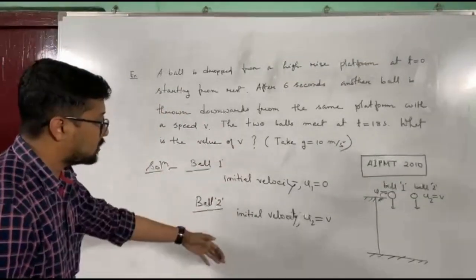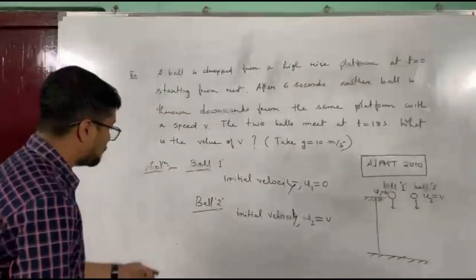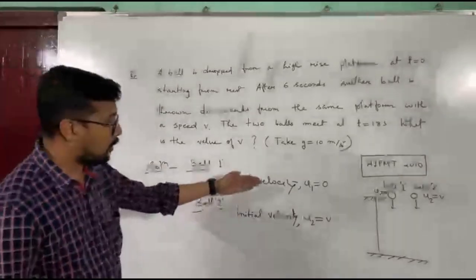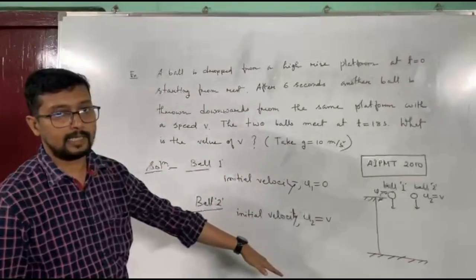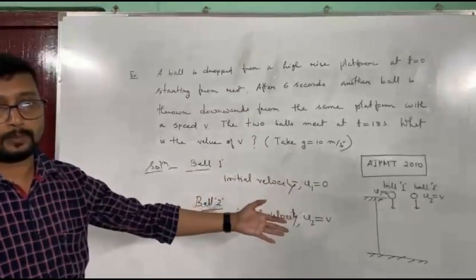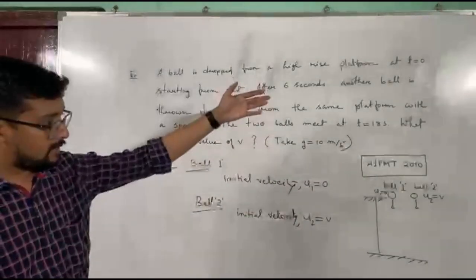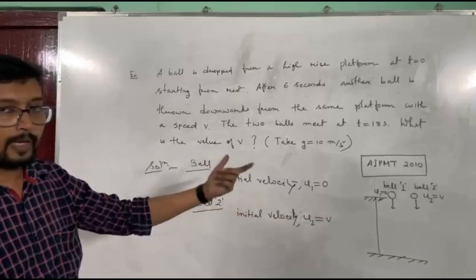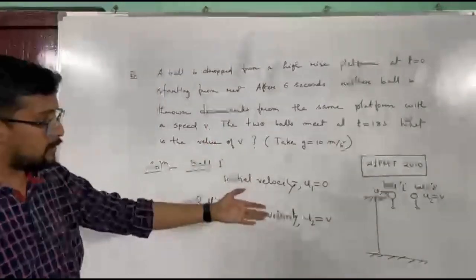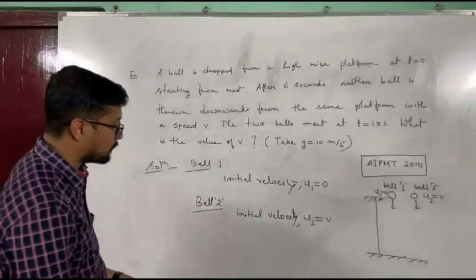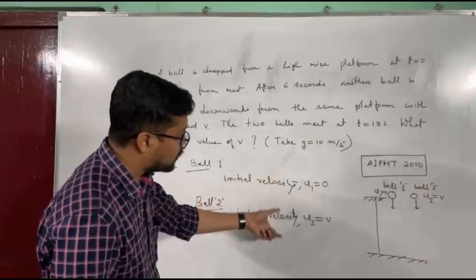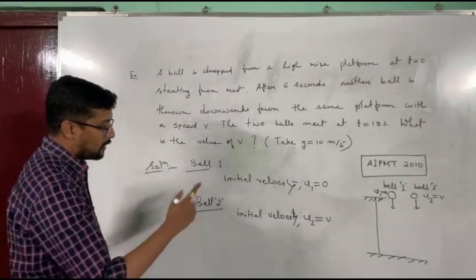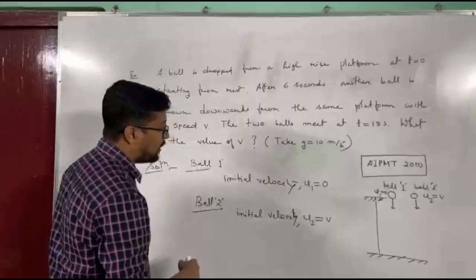And both these balls are meeting after 18 seconds. The meaning is, both balls will cover the same vertical distance or displacement, because this motion is a straight line motion, so displacement and distance are the same for rectilinear motions. So both balls are going to cover the same displacement in a given time.